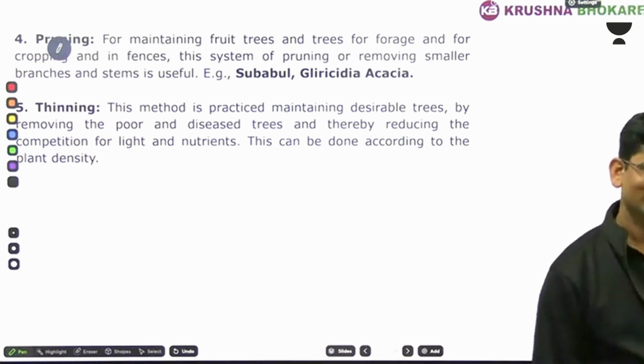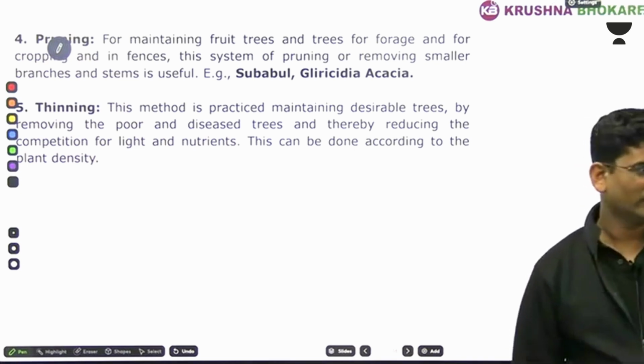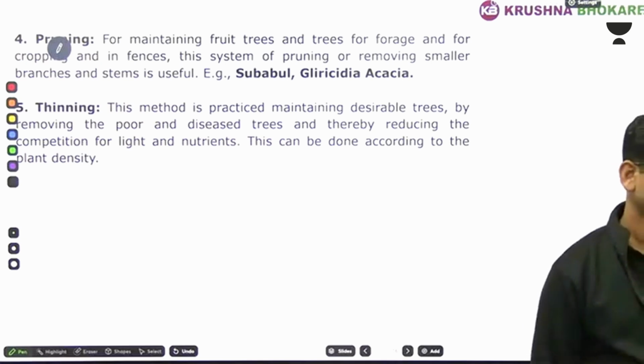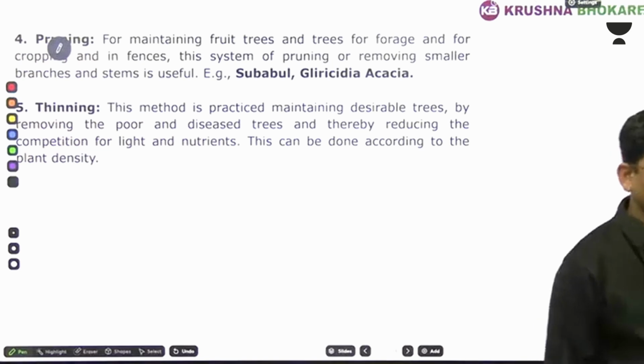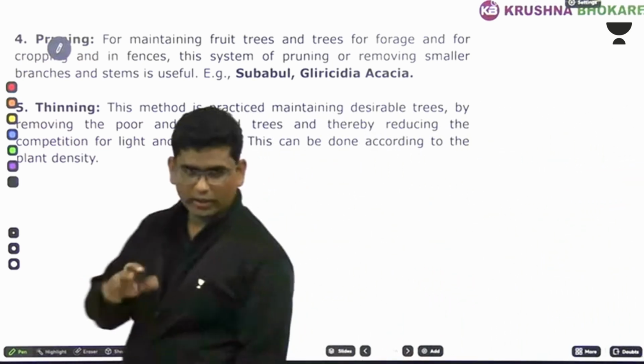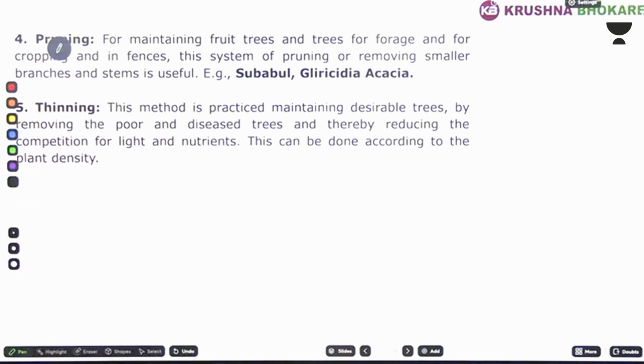Types of training and modified. These are types of pruning. Very good. The same thing happens here: thinning out, bench cut and another cut. These are the types of pruning.